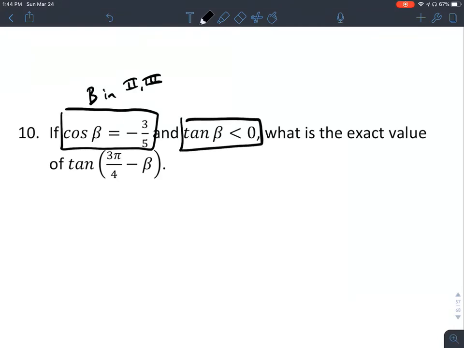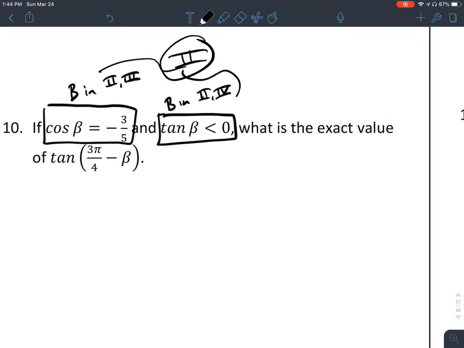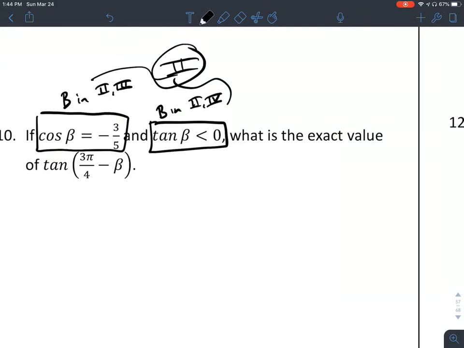We know that tangent of beta is less than 0. That means we have to be in quadrants 2 or 4. You combine these two thoughts together, it's got to be in quadrant 2.